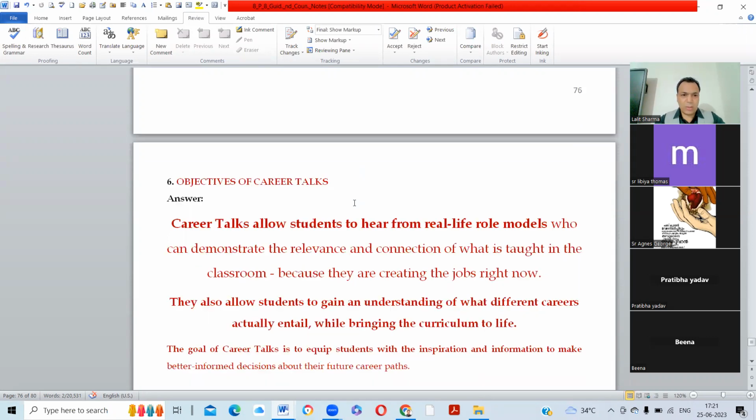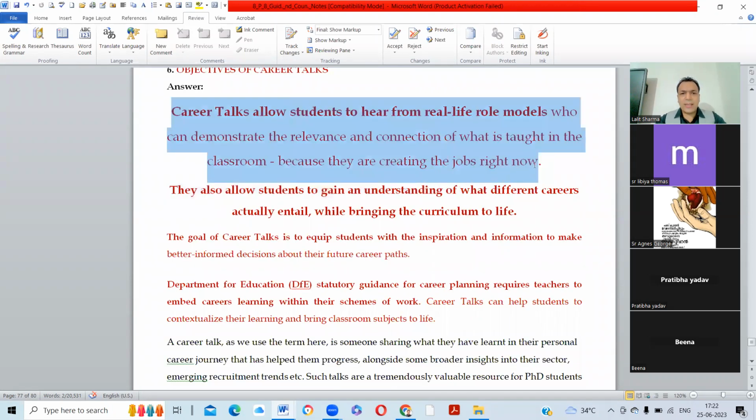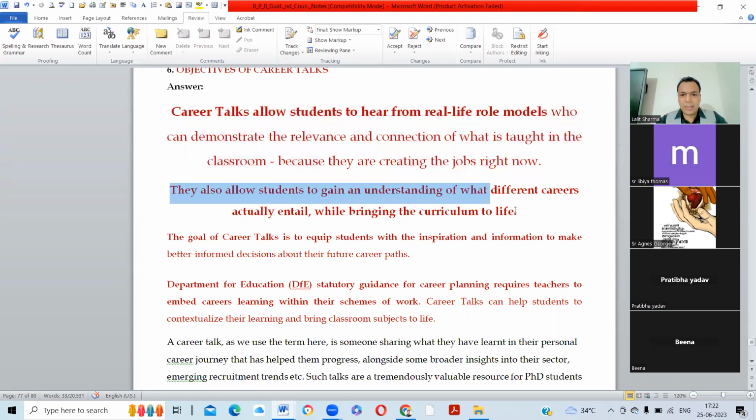What is career talk? Objective of career talk. Career talk basically allows the student to hear from real life role models who can demonstrate the relevance and connection of what is taught in the classroom, because they are creating the jobs right now. They also allow students to gain an understanding of what different careers actually entail while bringing the curriculum to life.